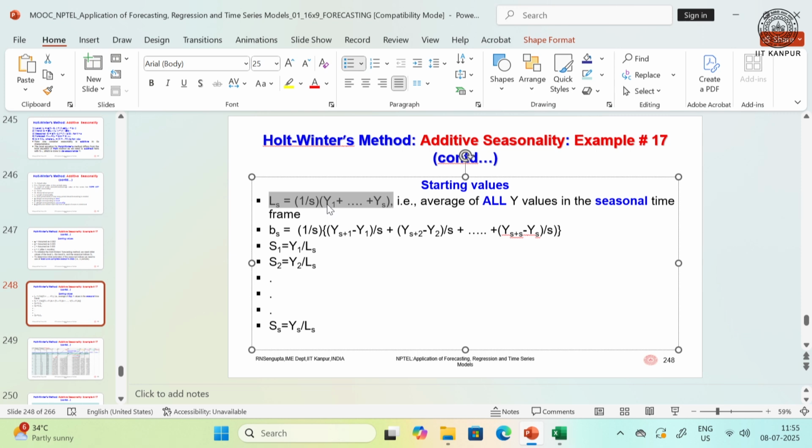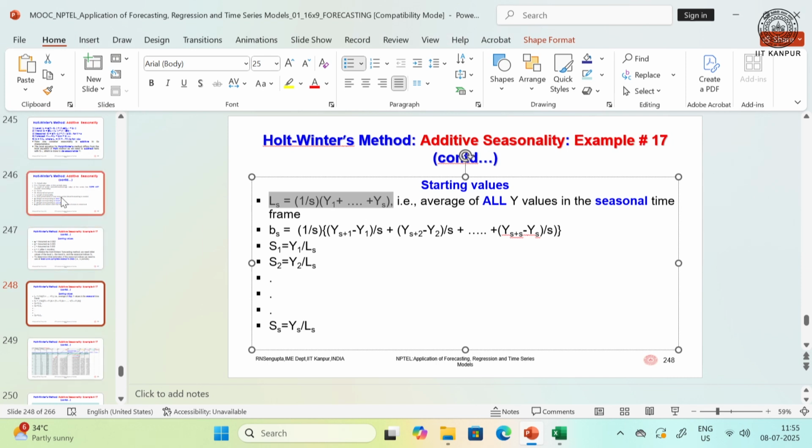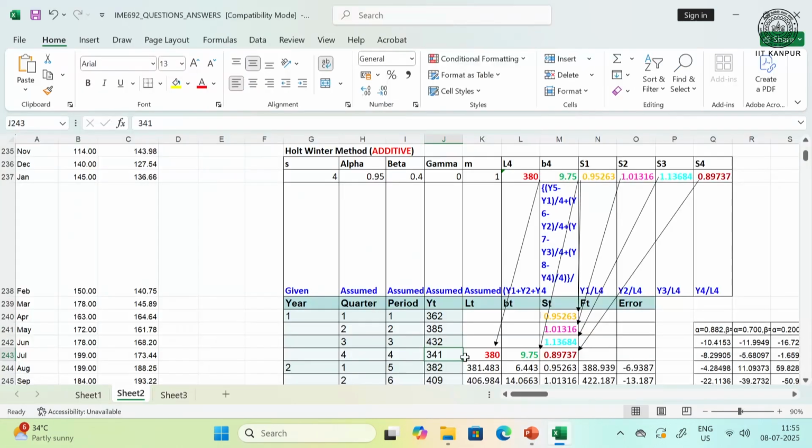Again, I am repeating: 362, 385, 432, 341, which are given for quarter 1 to quarter 4 of the first year. This gives the concept of L_t, which is the first value. That is why it is marked red here, and the arrow shows which point the calculated data comes back to.